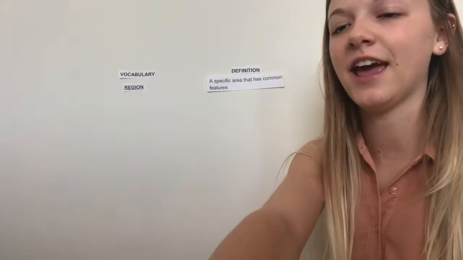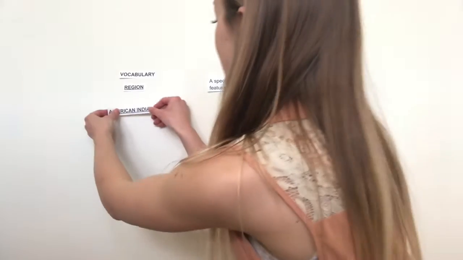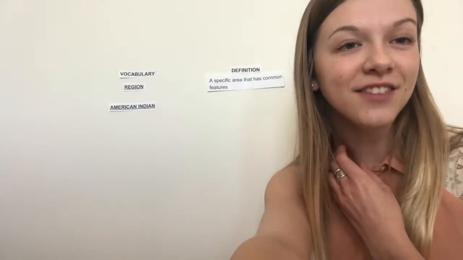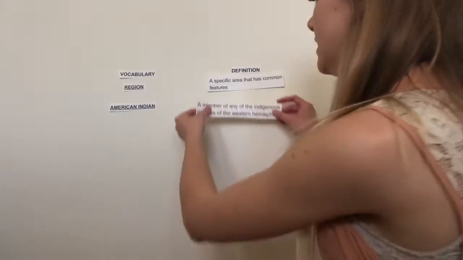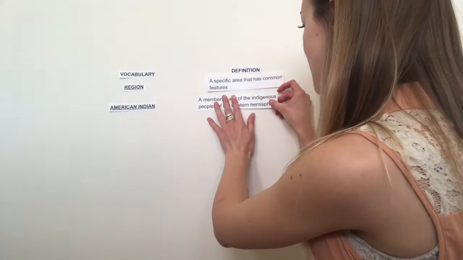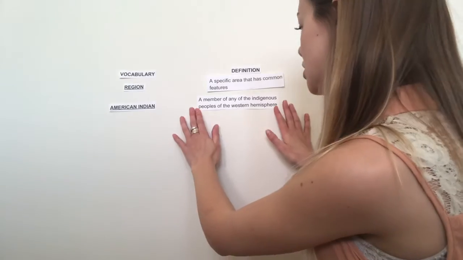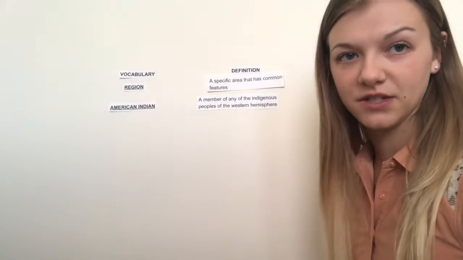So the second term that we are going to learn today is American Indian. So repeat after me, American Indian. Good. Okay, so the definition for American Indian is a member of any of the indigenous peoples of the Western Hemisphere.